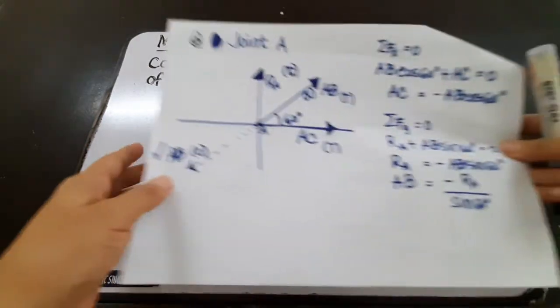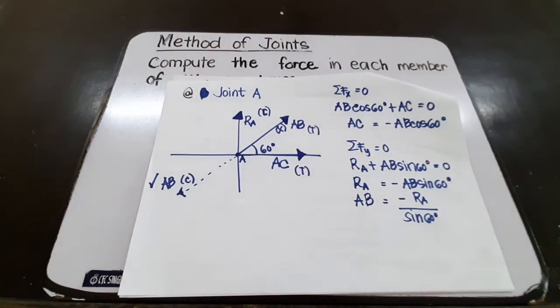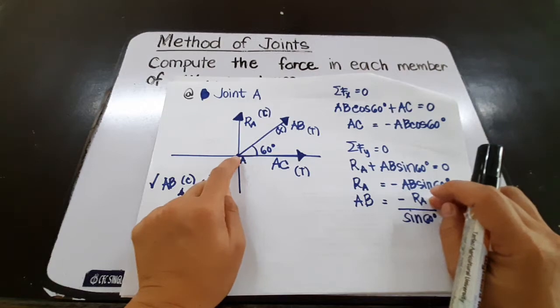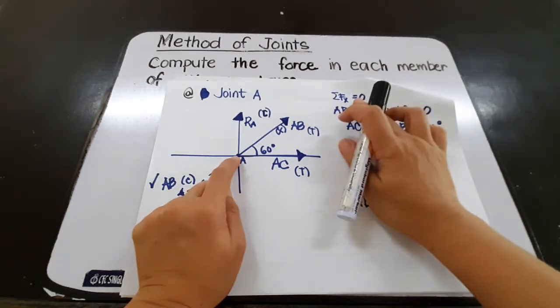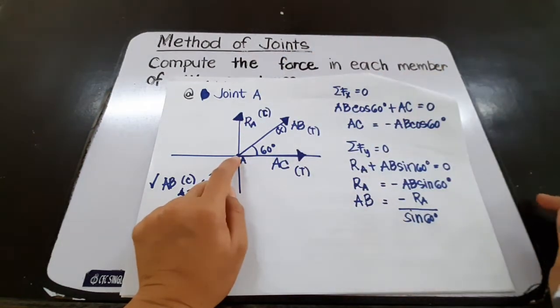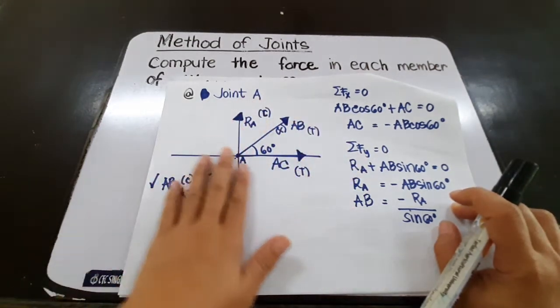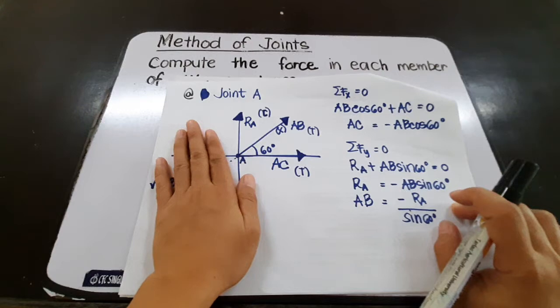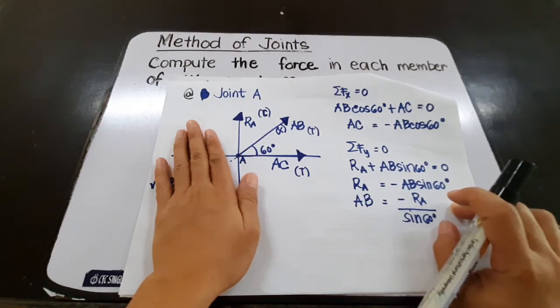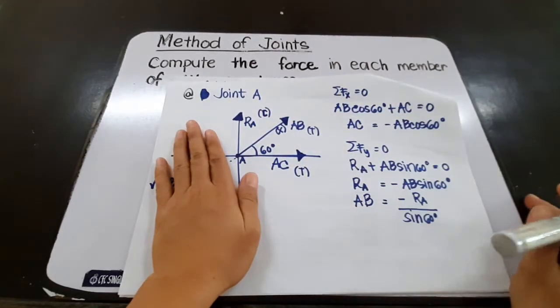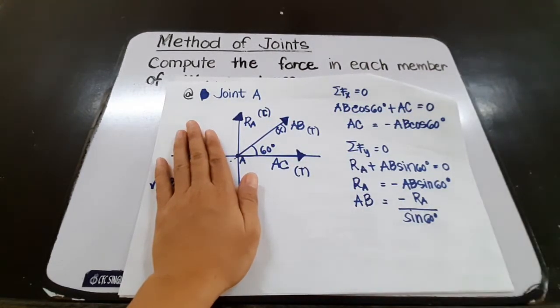Okay, so let us solve for the summation of forces along X, which should be equal to 0 in order for the whole system to be in equilibrium. So if you can see this free body diagram, we can say that this is not in equilibrium because all the forces are acting towards quadrant 1.